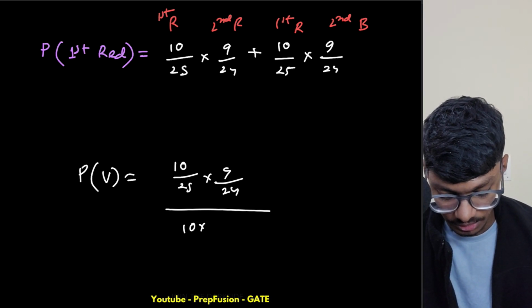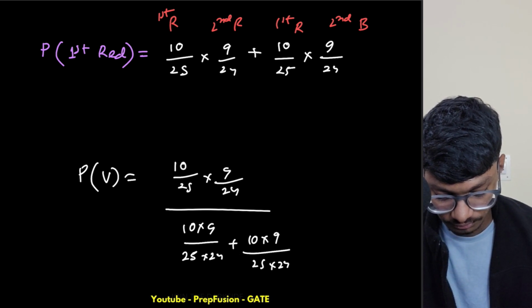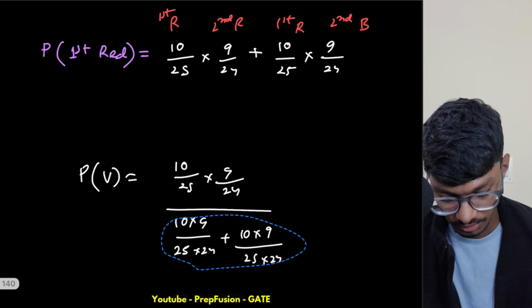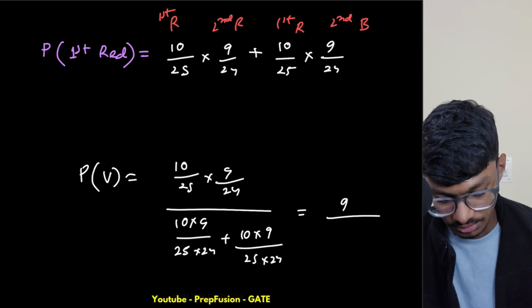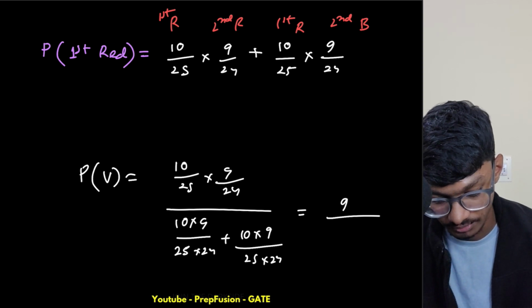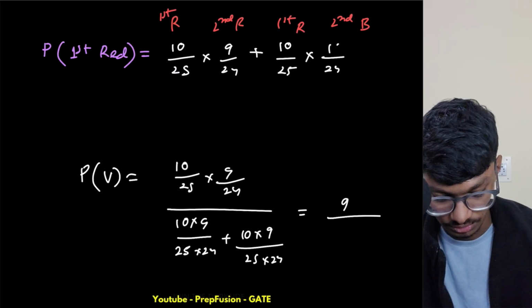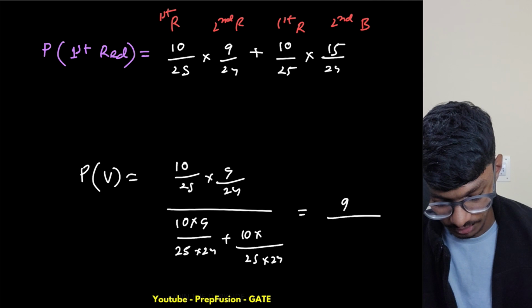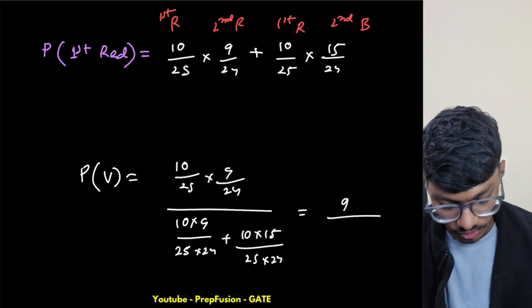So it will be 10 into 9 by 25 into 24, plus 10 into 9 into 24. Sorry, this will not be 9, I'm really sorry, this will be 15. Sorry for that mistake.